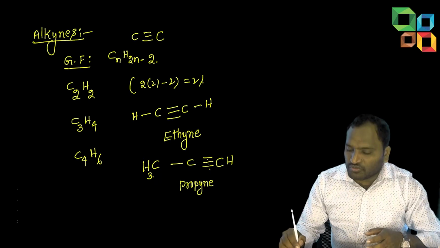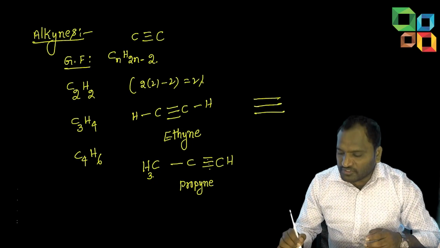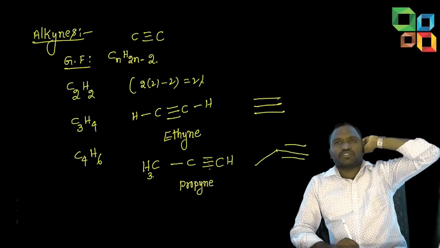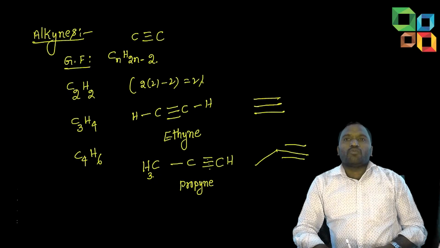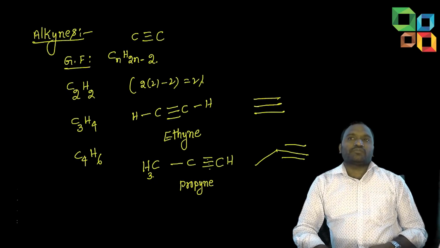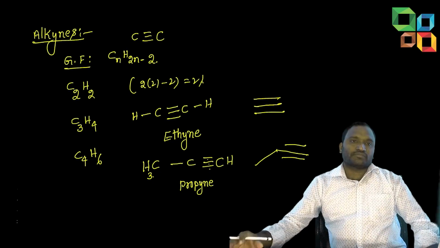For this line structure, how to draw, students? Propane has single bonds; propene means 2 bonds I wrote; propyne means 3 bonds. If you learn one, the rest is very easy.